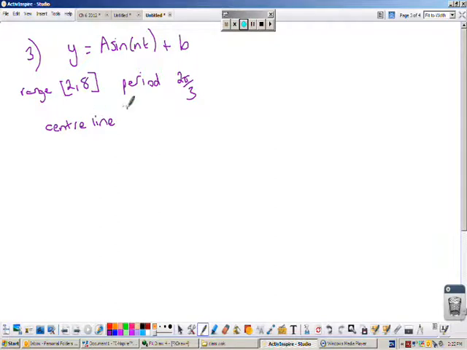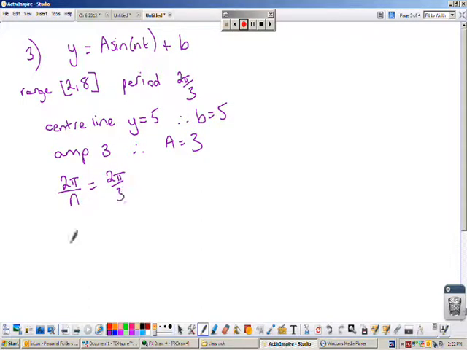From 2 to 8 is 6, so halfway is 3, so the centre line must be at y equals 5, therefore b equals 5. And from the centre line to the top of the graph is the amplitude, that's 3, therefore a equals 3. 2 pi on n gives us the period, and we can see by equating that n must be equal to 3.